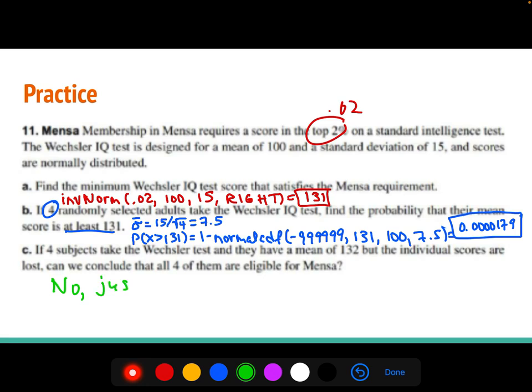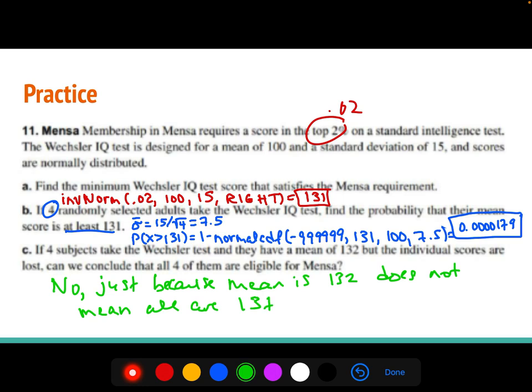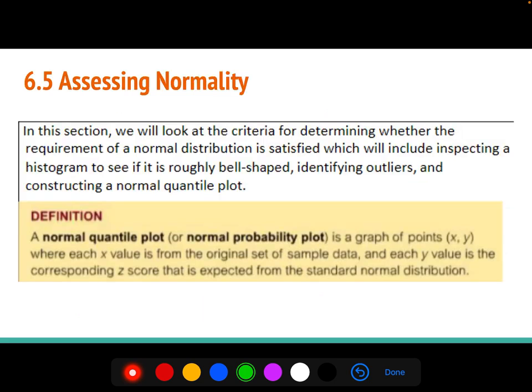So no. Just because the mean is 132 does not mean all are 131 or above.